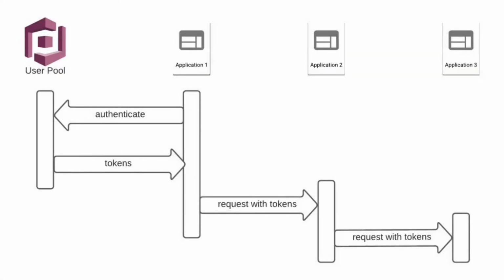Although we are not really limited to using those tokens in this one app. For example, we can make requests to other applications in our ecosystem and send the ID token and our access token alongside. Those applications could then make use of the information from the tokens to decide if our user is allowed to perform the requested action.